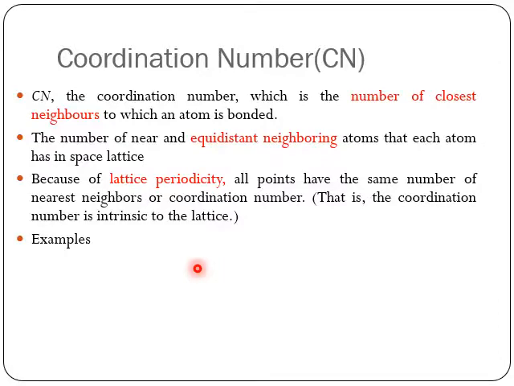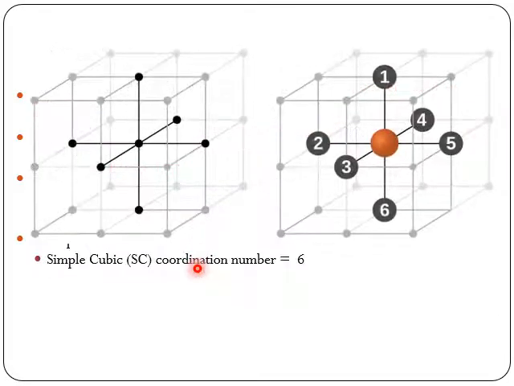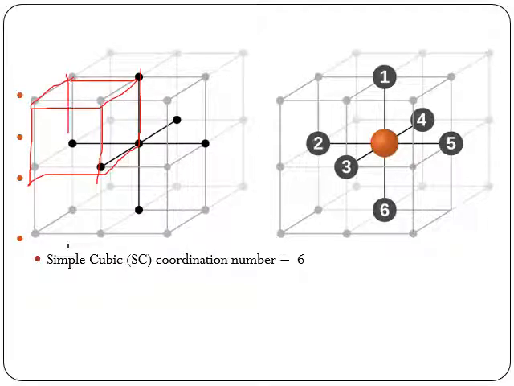Okay, so now if you take a simple cube, this is a simple cubic structure. This is what we call a space lattice, and each one is a unit cell. So this is a unit cell.